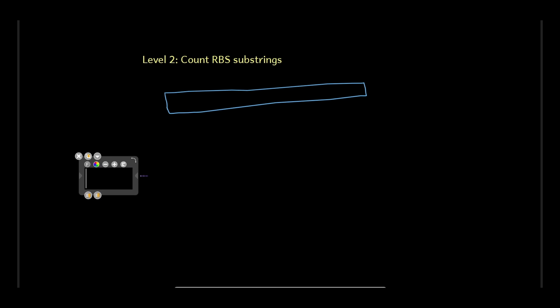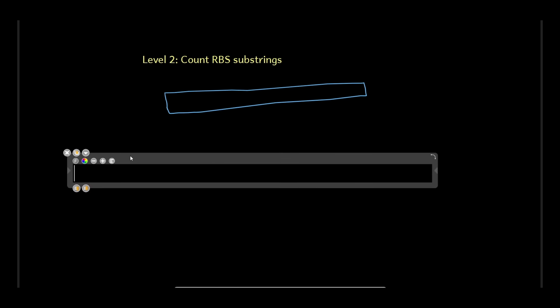Again, you can use the same DP idea as before. You define your DP definition like so. You say DP of R represents the count of RBS substrings ending at R.